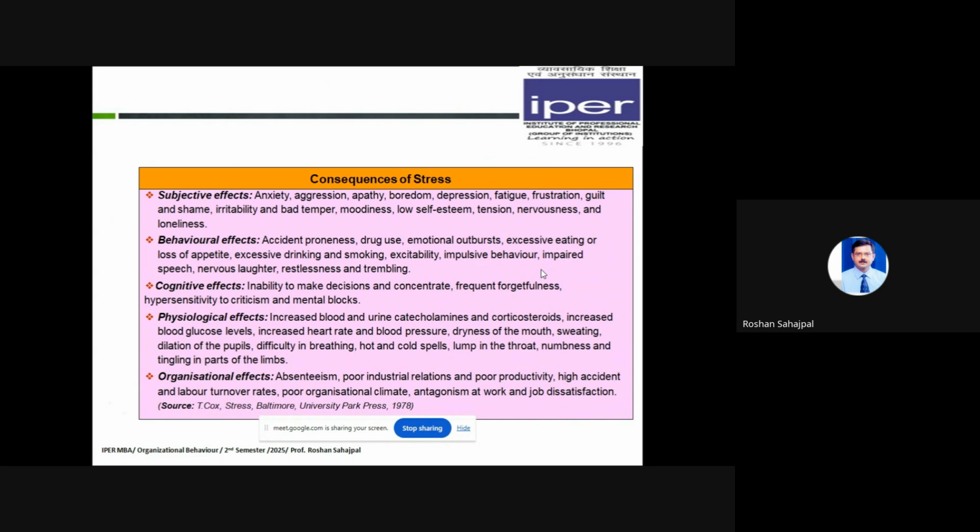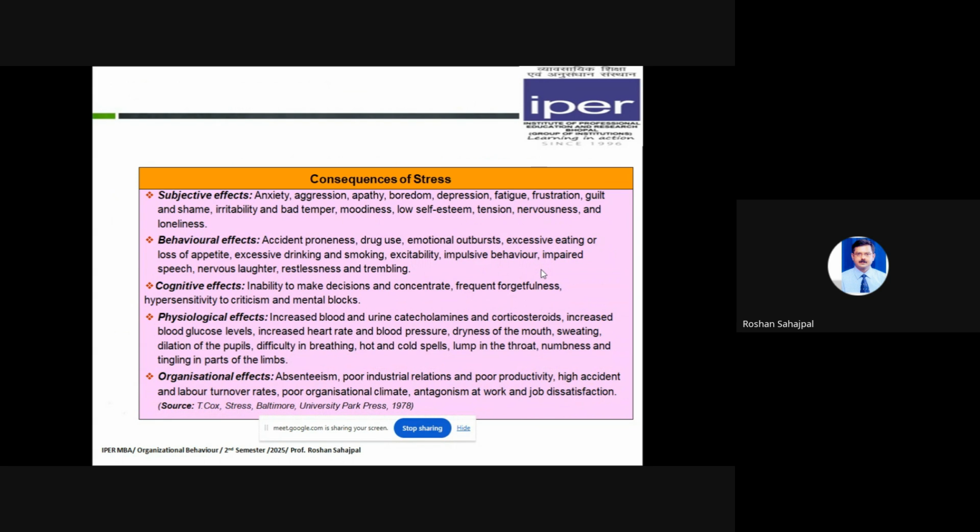After a period of time, all the faculty members started falling ill, and most of them who were coming by two-wheelers even had accidents on the highways. It was a common feature in the organization. This was because they were under a lot of mental stress. They were not able to switch it off, and that resulted in accident proneness. Some people resort to drug abuse.